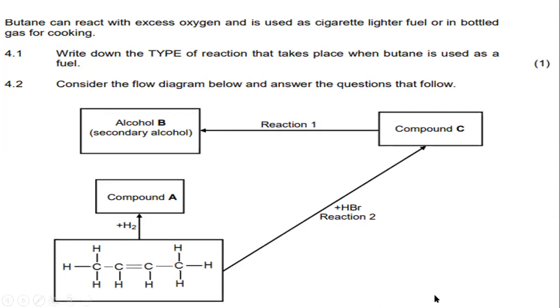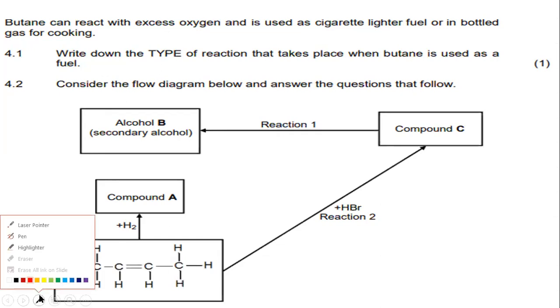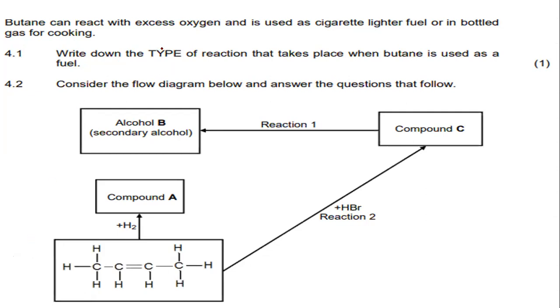Right, so they give us this information. They tell us butane can react with excess oxygen and is used as a cigarette lighter fuel or in bottled gas for cooking.